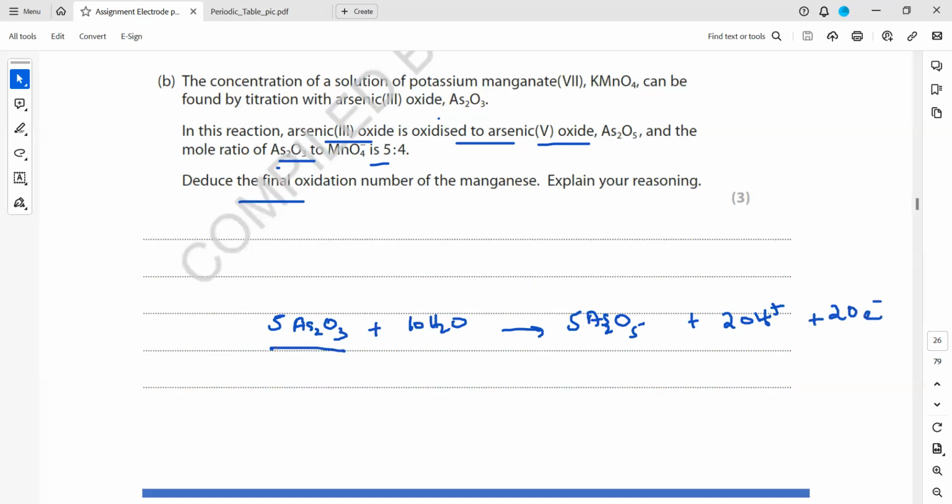So it means 5 arsenic 3 oxide molecules lose 20 electrons. So one molecule, how many electrons will it lose? So one is losing 4 electrons.